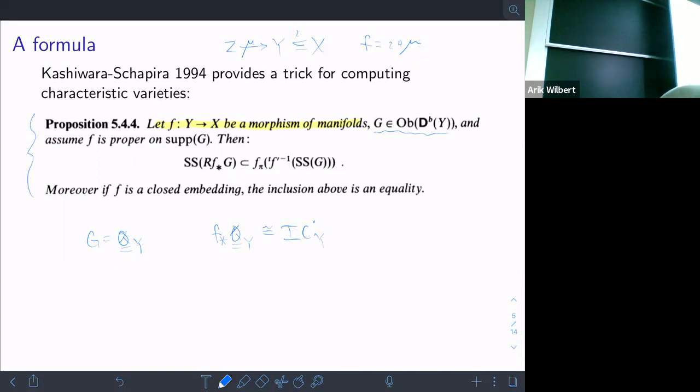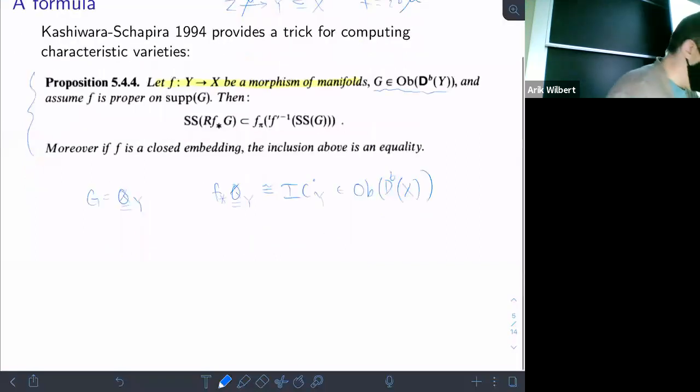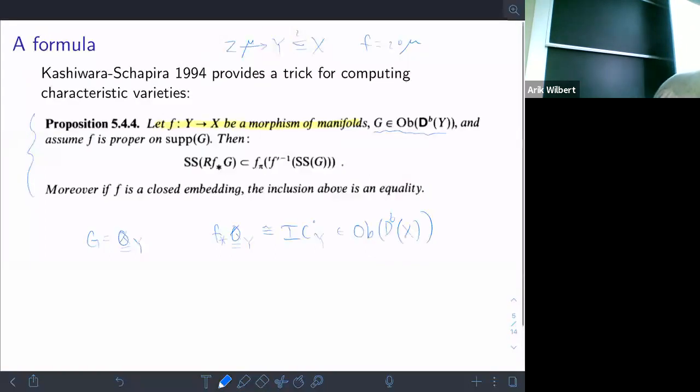So this is on X, this space. Switching notation.